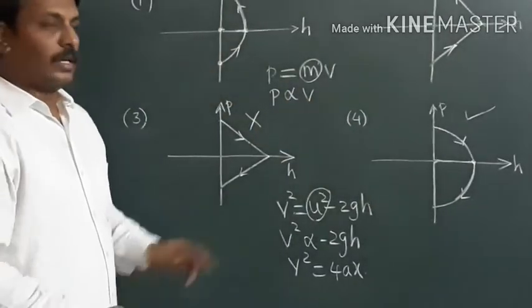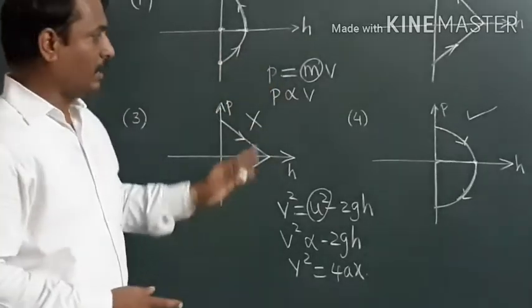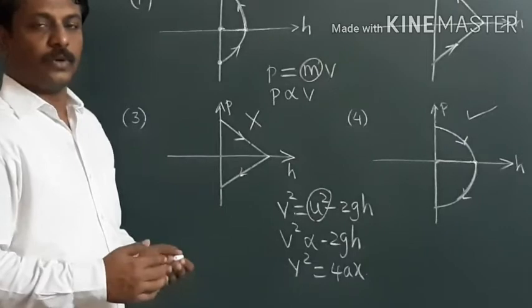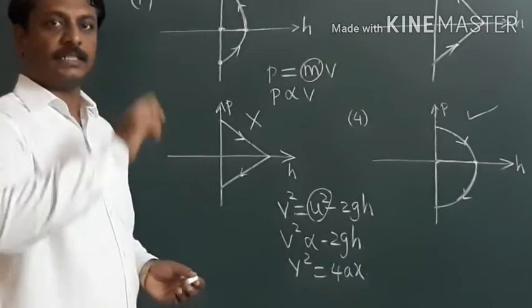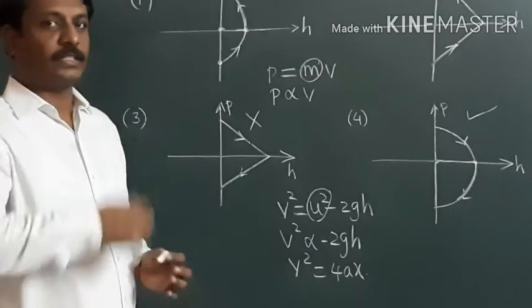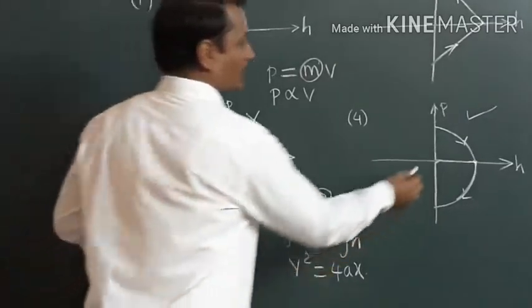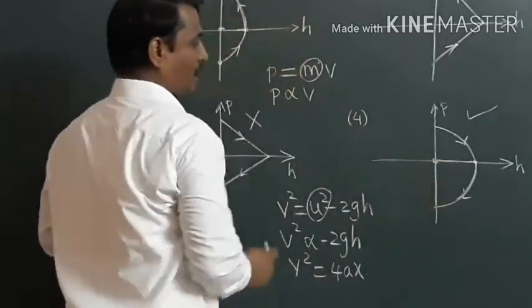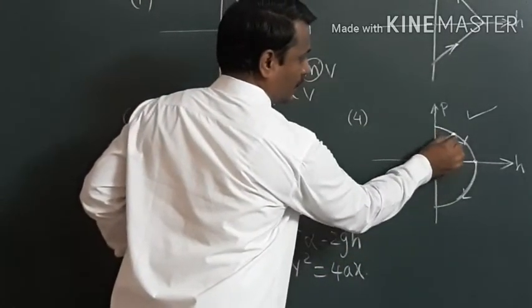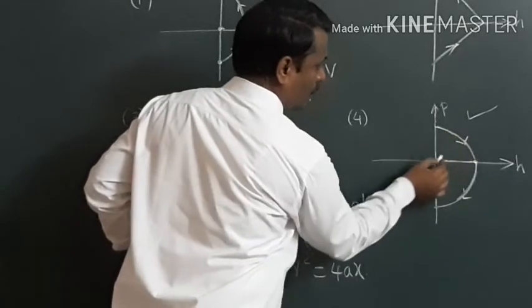Now here we consider the nature of motion. As I told you before, as the height increases, velocity decreases, and as height decreases, velocity increases. So that is rightly represented by this graph. See, as the height increases, the velocity decreases, as a result momentum also decreases.